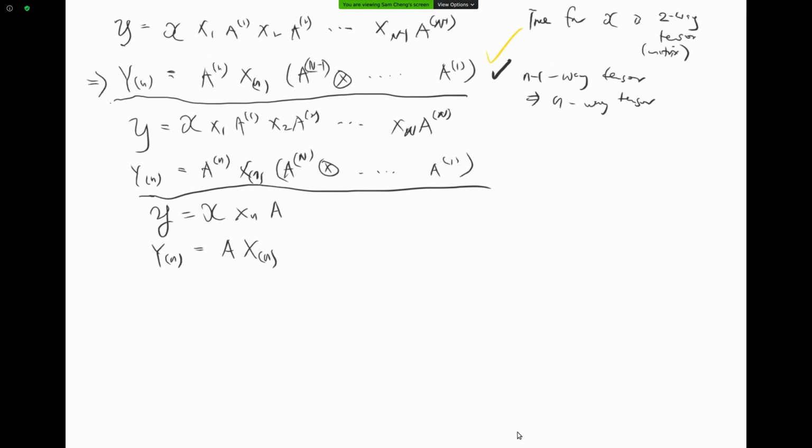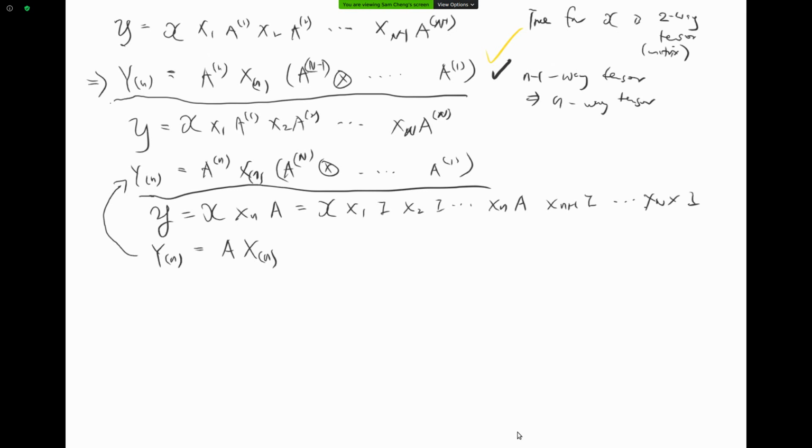Note that this is just a special case of this general equation here, because I can consider X with mode n product with A as equal to X with mode 1 product with the identity, mode 2 product with the identity and so on, but with mode n product with A, and the rest also with identity.